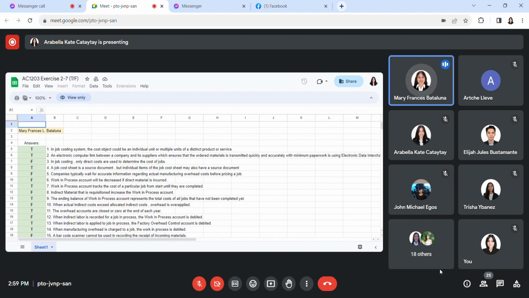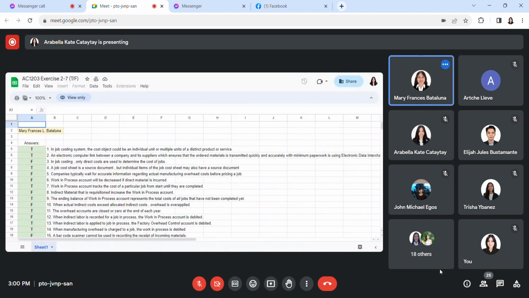The ending balance of work in process account represents the total costs of all jobs that have not been completed yet. True.